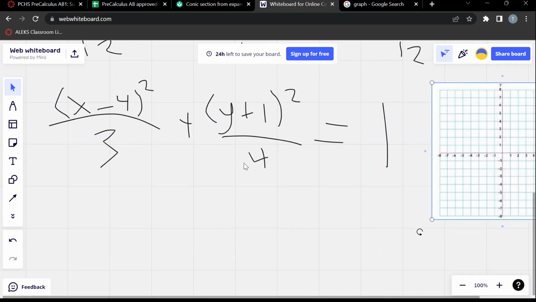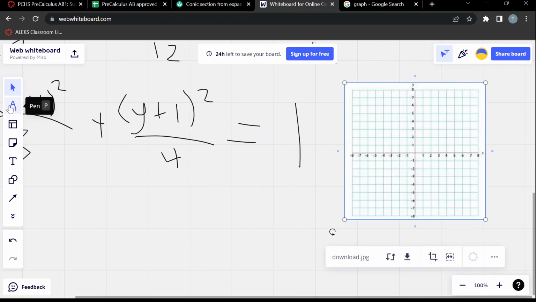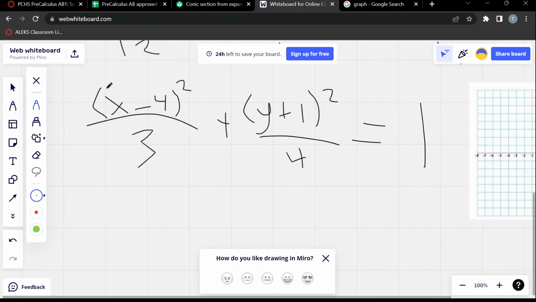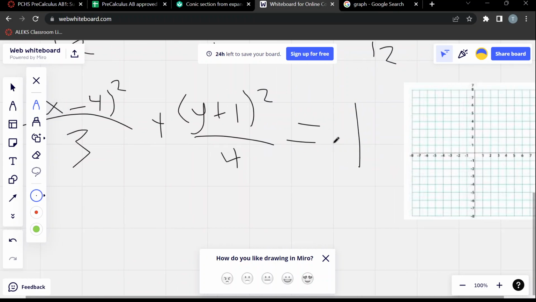With this equation, we know that the center of the ellipse is at 4, negative 1. Because when x is 4, that means the x part of the equation is 0. And that means that y plus 1 squared equals 4, so you square root both sides, which is plus or minus 2.